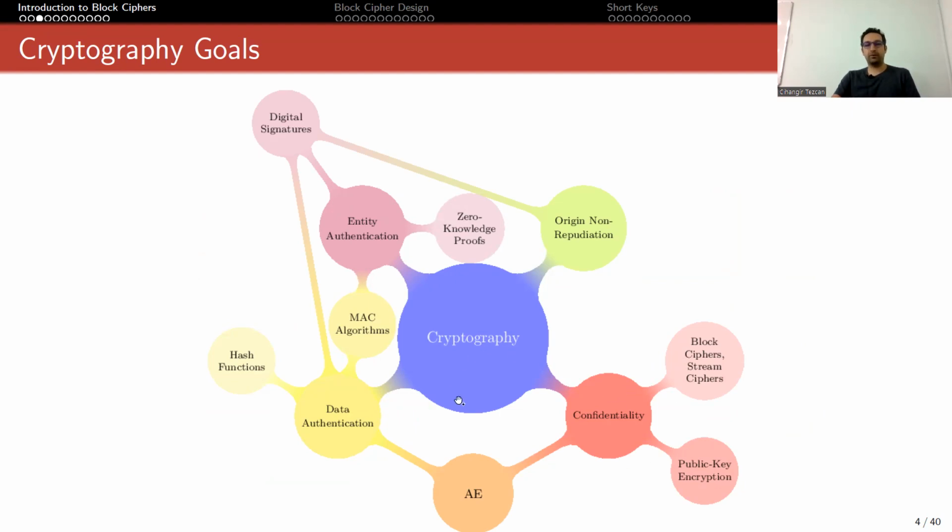As I mentioned before, cryptography solves a lot of problems. For the case of confidentiality, which is our current topic today, we can provide confidentiality by encryption algorithms like block ciphers and stream ciphers. These are symmetric key encryption algorithms. Or you can use public key encryption algorithms like RSA or ElGamal, which we will be talking about weeks later.